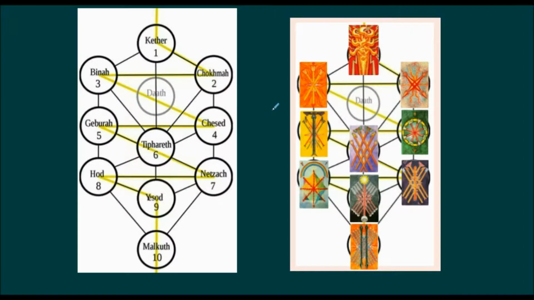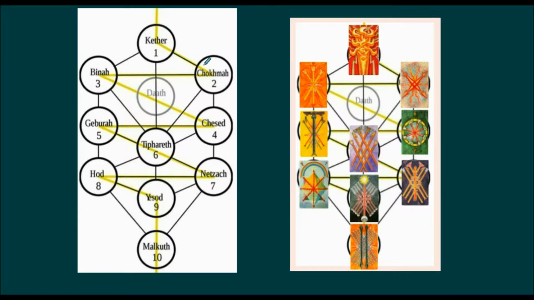The minor arcana cards are also associated with the Tree of Life. Here is the Tree of Life, starting with Keter at the top. Keter, Chokmah and Binah are similar to the Holy Trinity. The most elevated, the most spiritual of the energy centers on the Tree of Life is Keter.